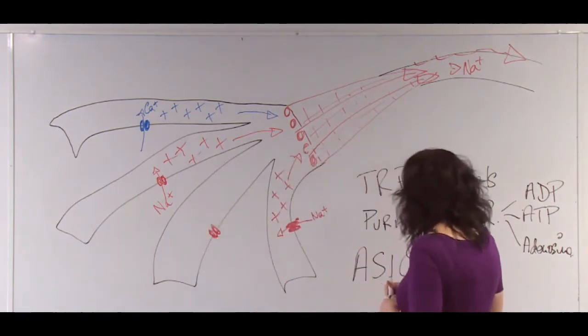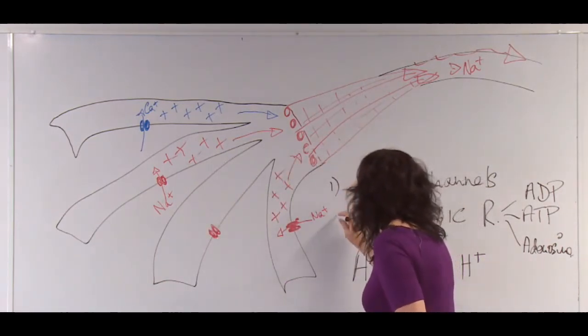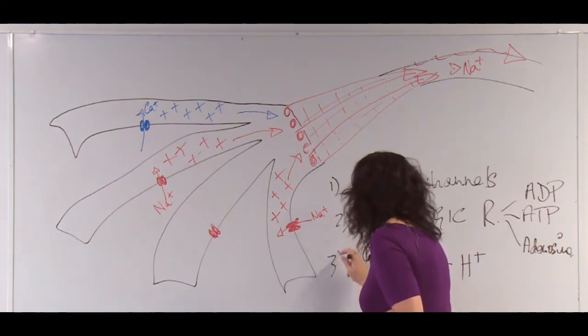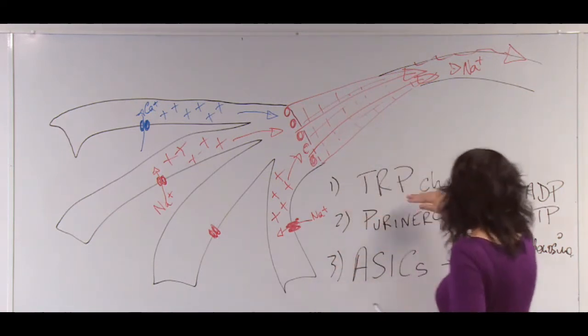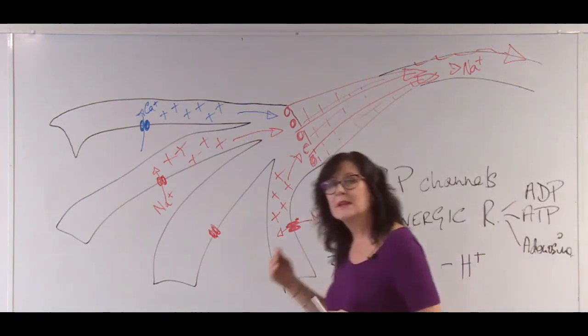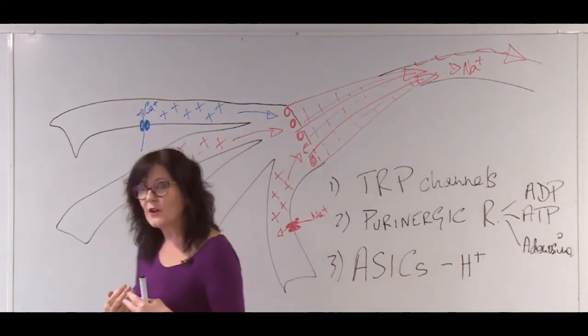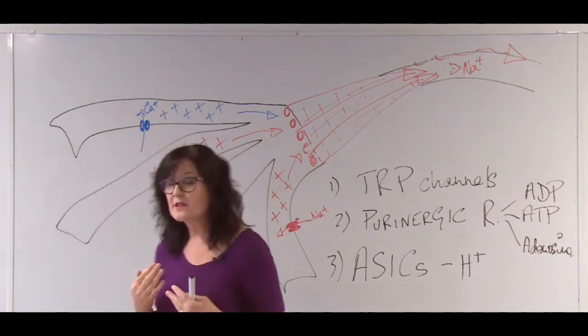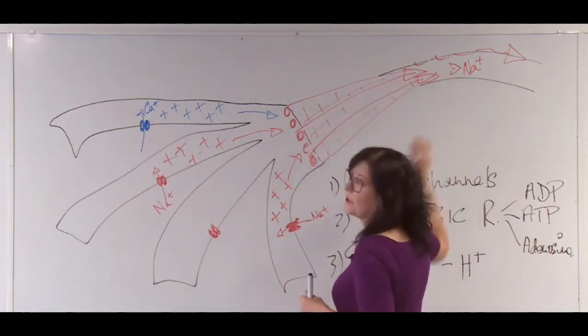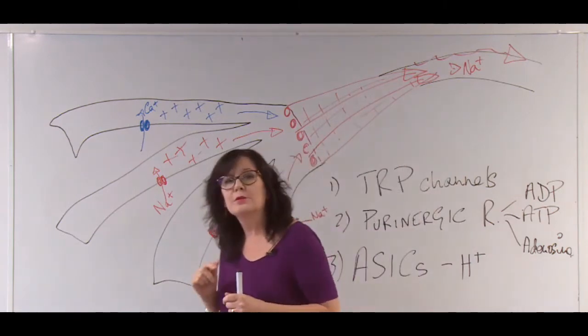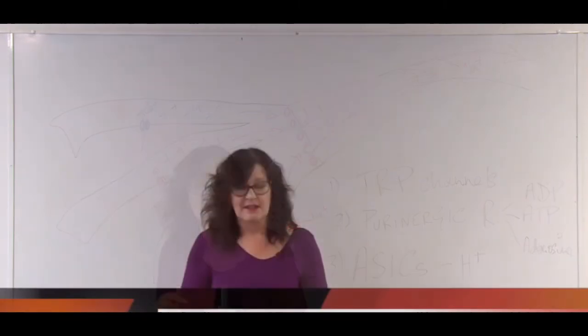So these are really our three main types of channels involved in transduction. But just remember, TRPs can be chemically sensitive, mechanically sensitive, or thermosensitive. So any of those could cause an EPSP, which will cause an action potential in the primary afferent neuron.